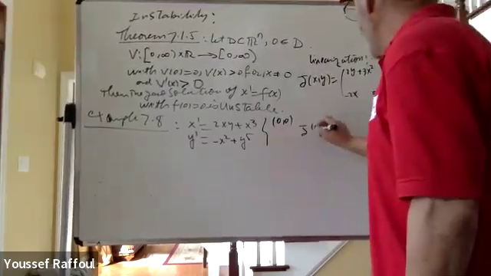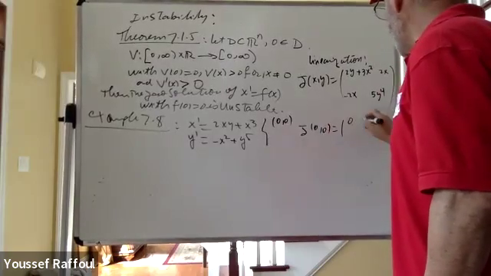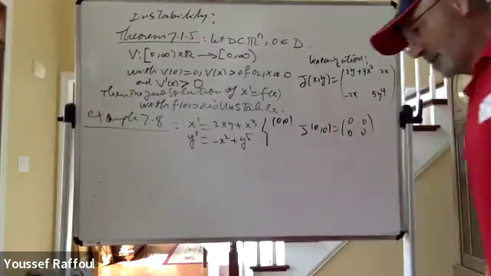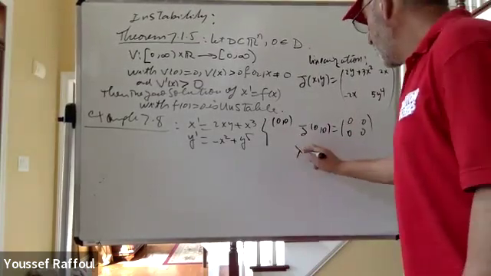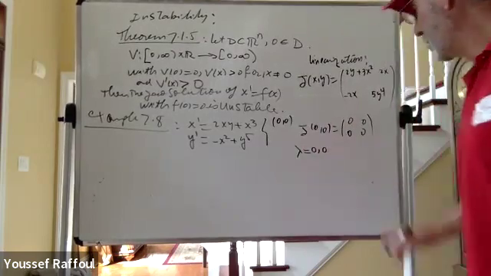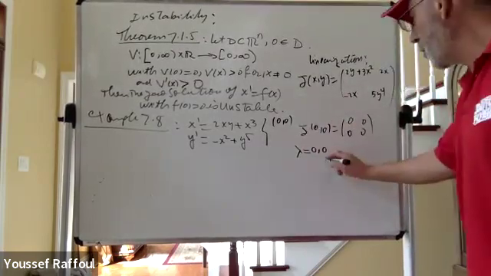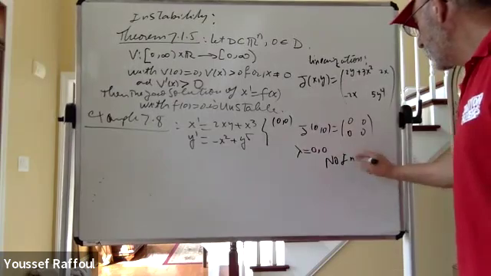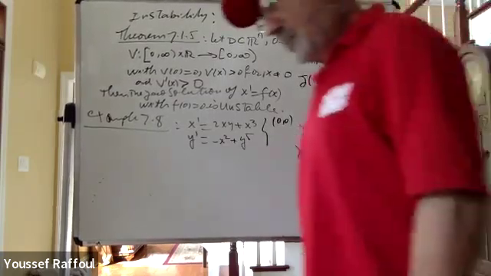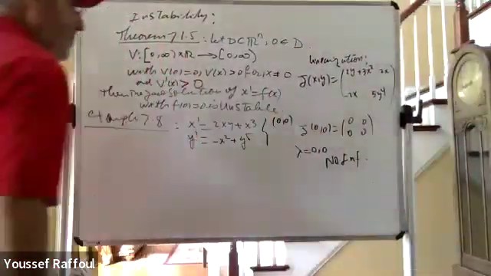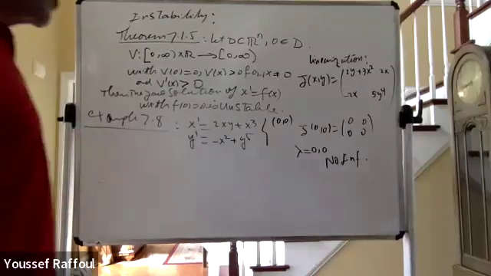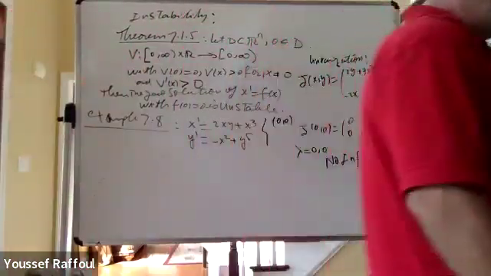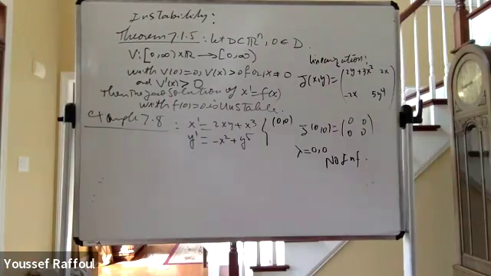And if you look at J of 0, 0, that is the zero matrix. Okay? So we got lambda equals 0, 0. So linearization, no information. Okay? No information when the eigenvalues are zeros. So linearization here fails, what I'm trying to say. Okay?